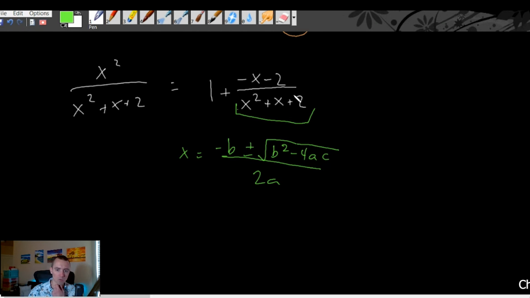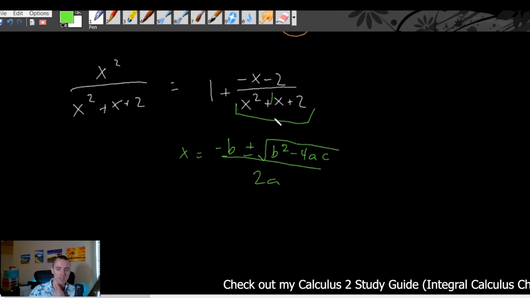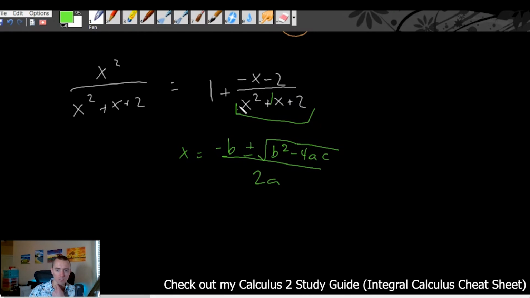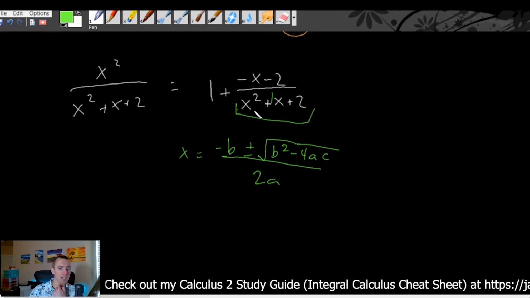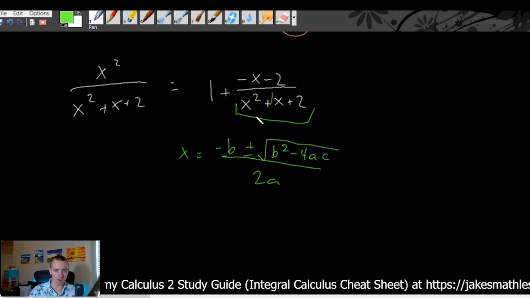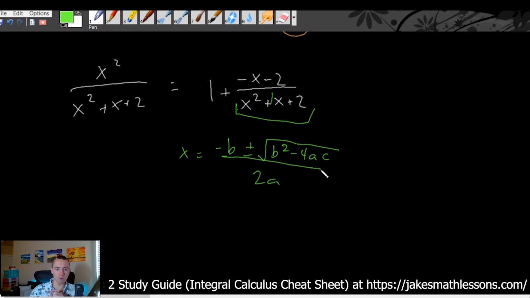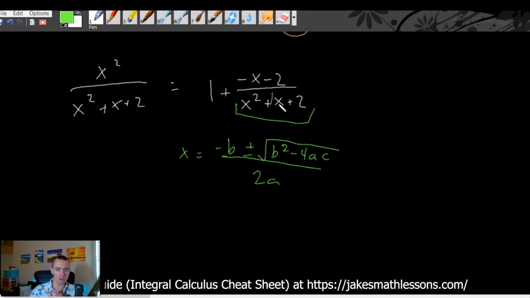Well, in this case, b is 1, squared is 1, minus 4ac, which would be minus 8. What's in the square root here is negative.